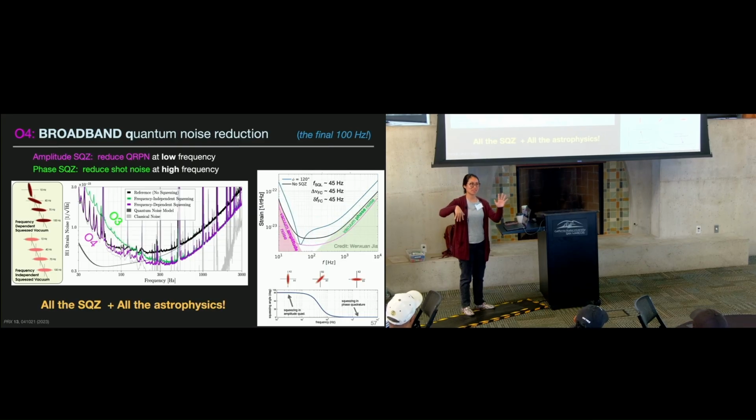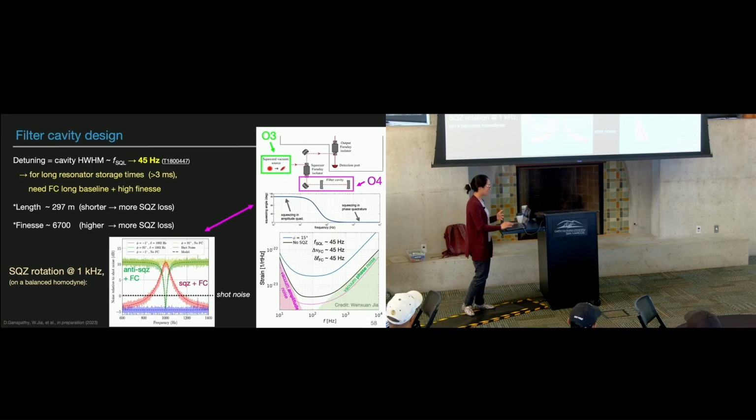That's really hard. To get a lossless optical storage time equivalent to 45 hertz is about a 3 millisecond optical storage time. So this now gets into a typical LIGO problem, right? Because I need to losslessly store photons for 3 milliseconds.